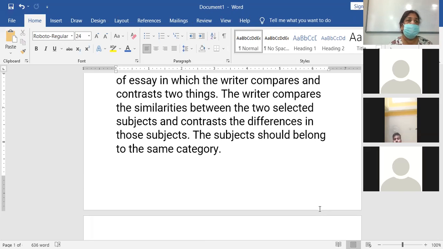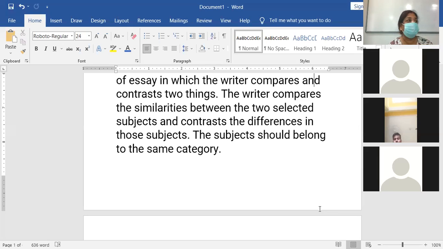Like if you're talking about friendship, a course, two different writing styles, or two characters, Rahul Bajaj and Narayan Murthy, or Subhash Chandra and any other celebrity.